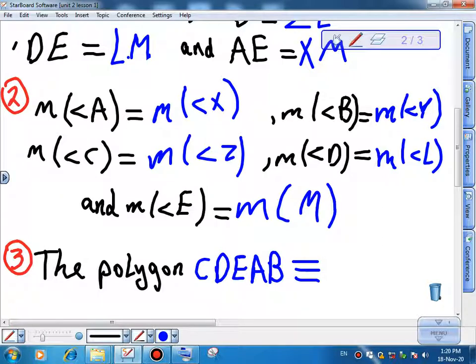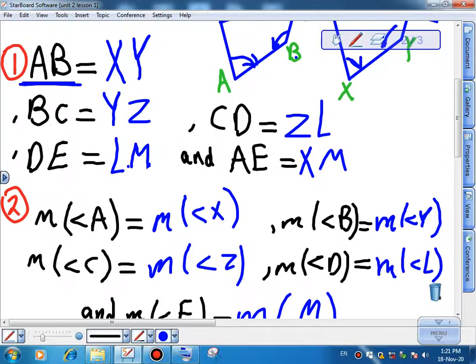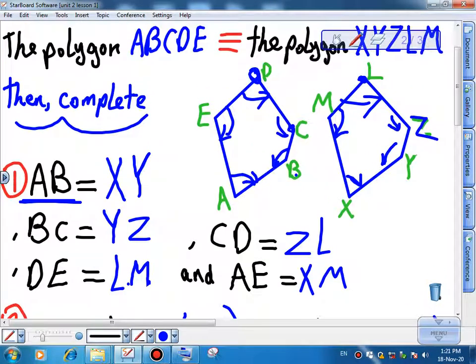So for these polygons, C, D, E, A, P. We start from C and go up. C, D, E, A, P. Look at the arrangement, look at the order. If you take the other polygon and start from M, no, you are wrong.